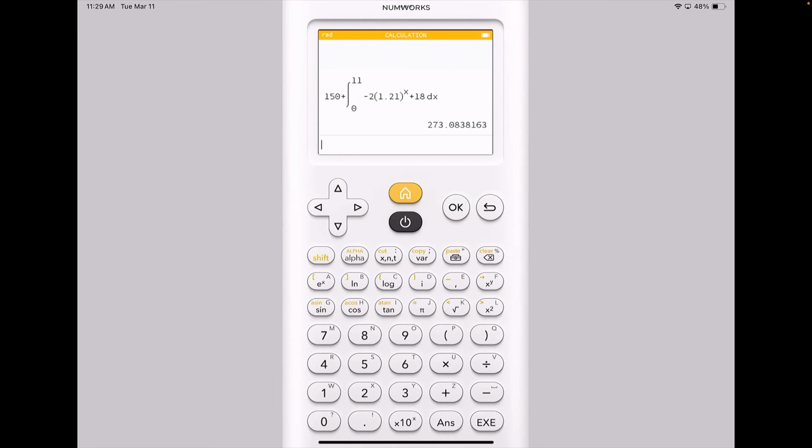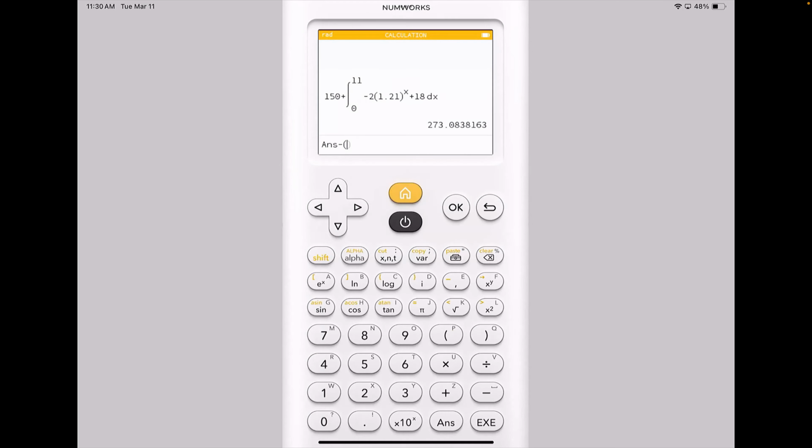Okay, so then I'm going to hit that button at the bottom right that says answer. That's my previous answer, because I want to take that answer and subtract P of T. Or P of 11, sorry, P of 11. So I'm going to use P, except I'm going to plug in 11 where T is.